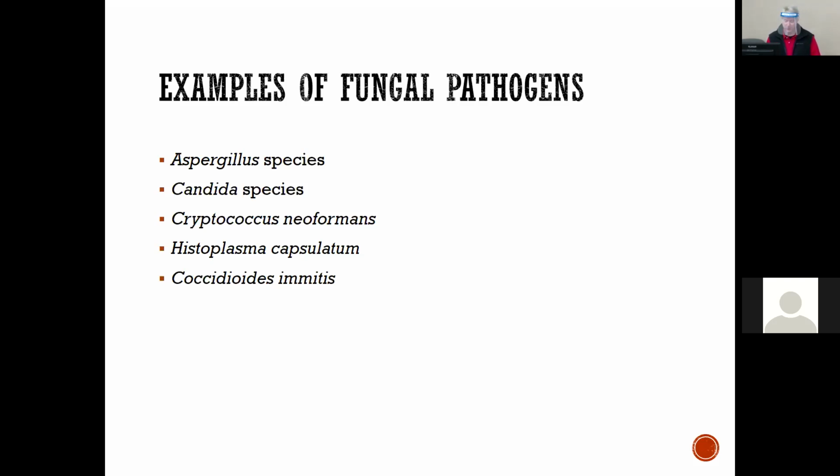Aspergillus species. I love when we start with the first 2. The reason I just put species out there is so that you can name all the others. There's a whole little list of Aspergillus.